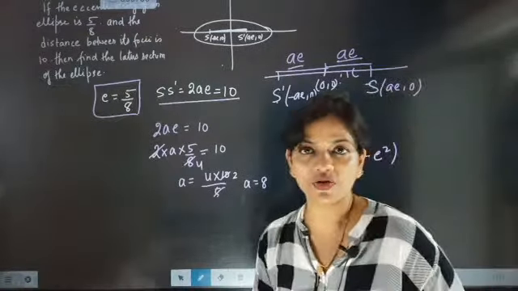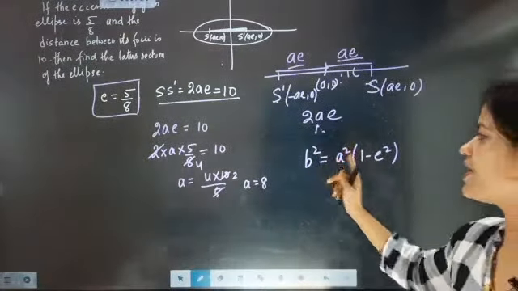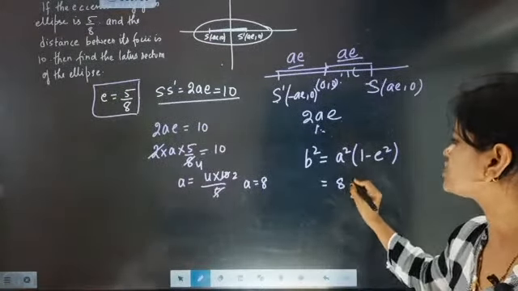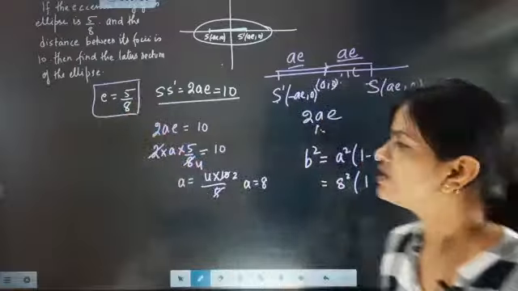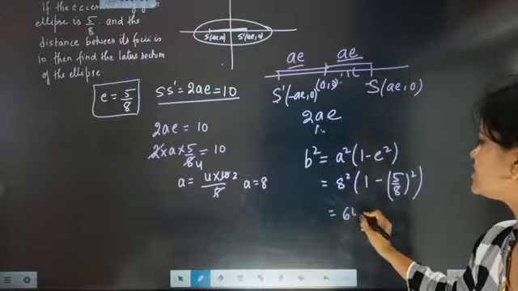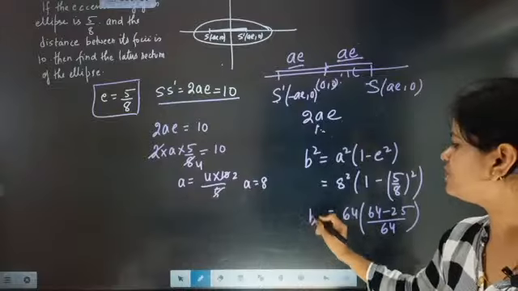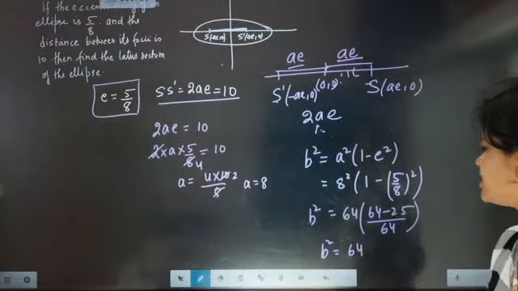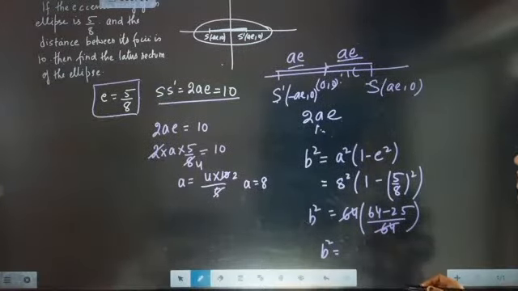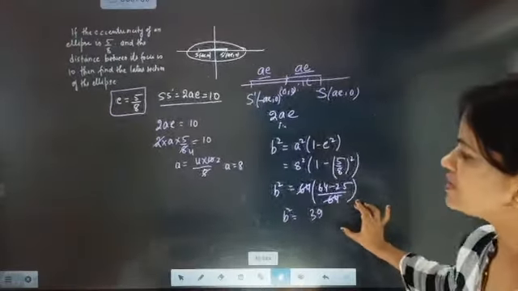This is exactly the equation of the ellipse, which we derived earlier. A is 8, so 8 square, and the eccentricity is 5/8, so substitute and square it. 8 8s are 64, and here 64 minus 25 by 64 will give you B square. So B square is equal to 64 and 64 get cancelled. 64 minus 25 is 39. B square is coming as 39.